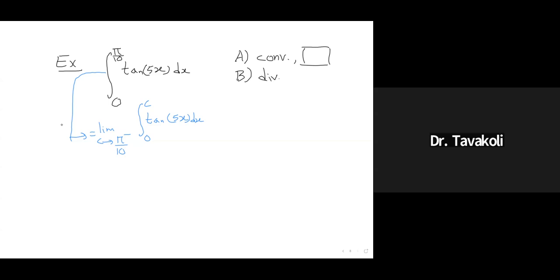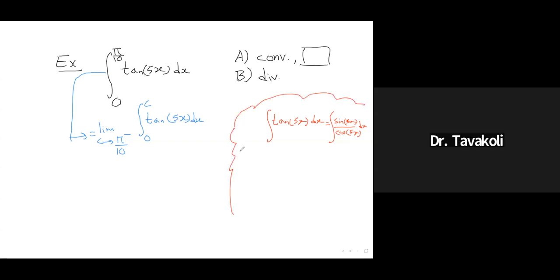Before continuing, let's find the integral of tangent 5x. Tangent is what? It is sine over cosine. So this equals the integral of sine of 5x over cosine of 5x. Now that becomes quite simple.